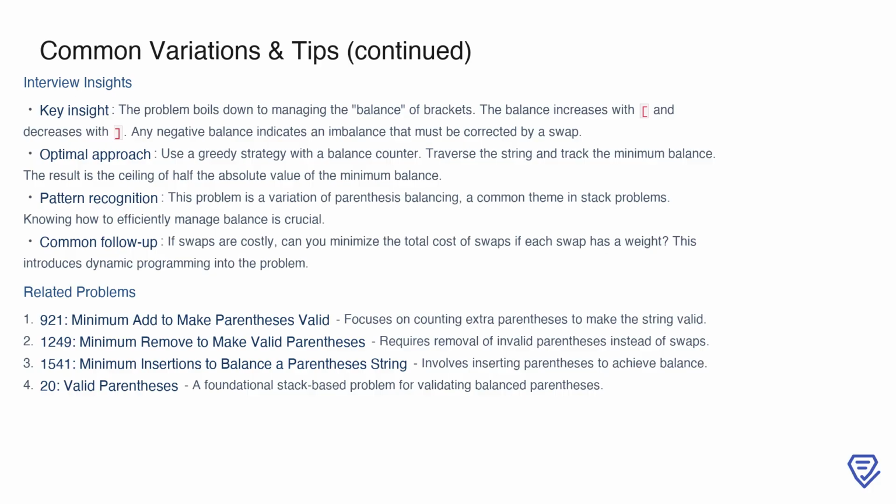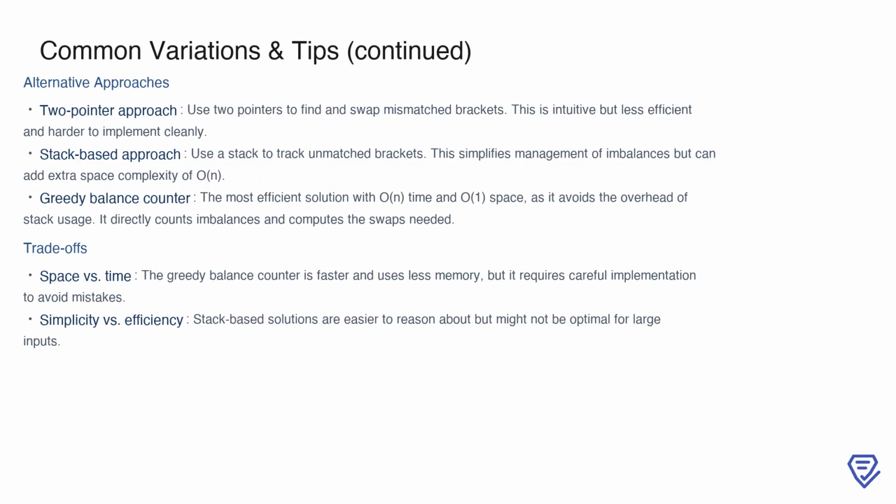Related problems include LeetCode number 921, which focuses on counting extra parentheses needed to make the string valid, and number 1249, which involves removing invalid parentheses. Other examples include number 1541, which requires insertions to balance a string, and number 20, a foundational problem on validating balanced parentheses.